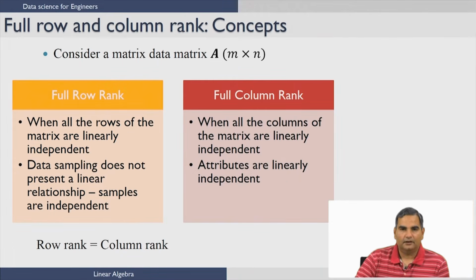In general, whatever be the size of the matrix, it has been established that row rank is equal to column rank. So, you cannot have a different row rank and column rank. What it basically means is, whatever be the size of the matrix, if you have a certain number of independent rows, you will have only that many independent columns and so on. So, this is something important to bear in mind.